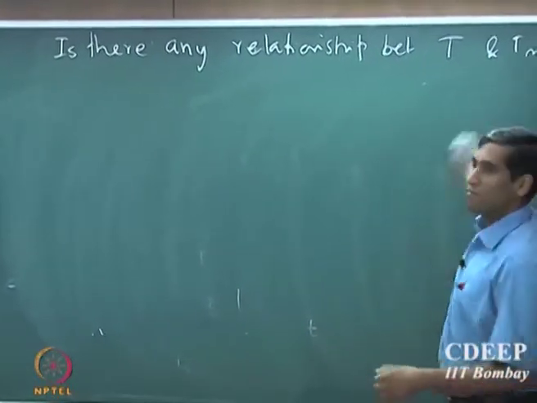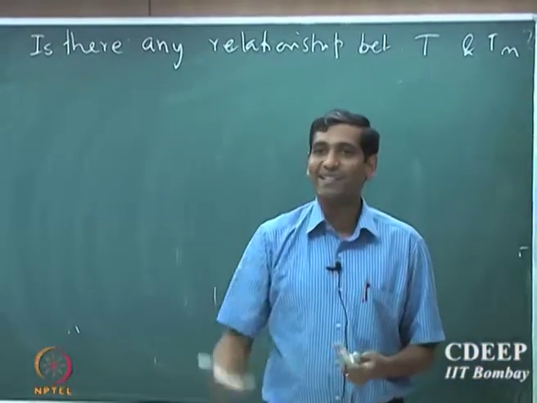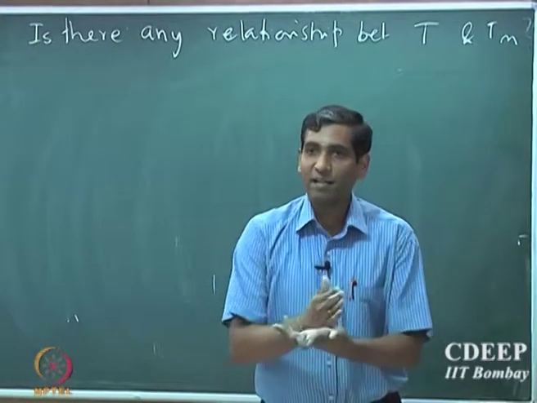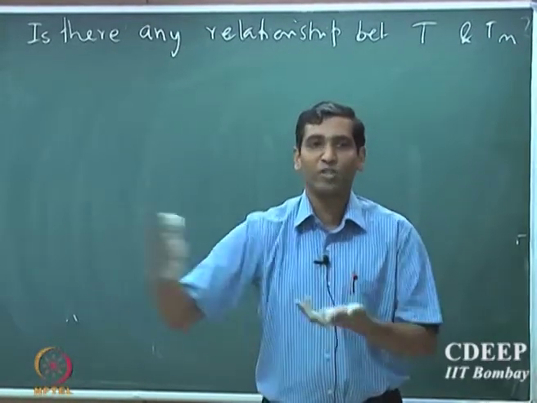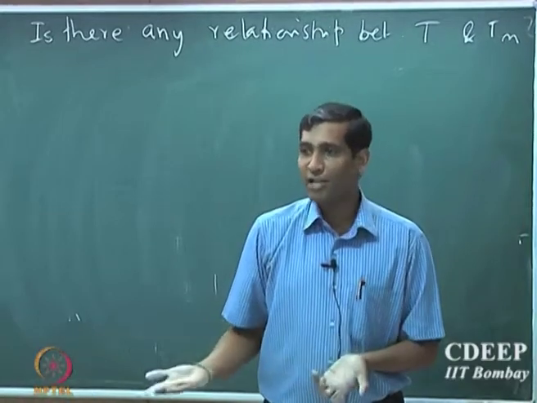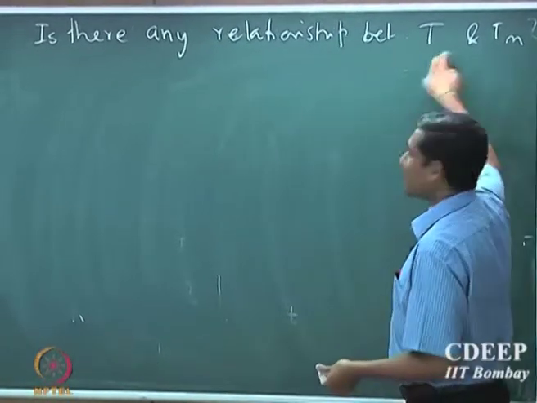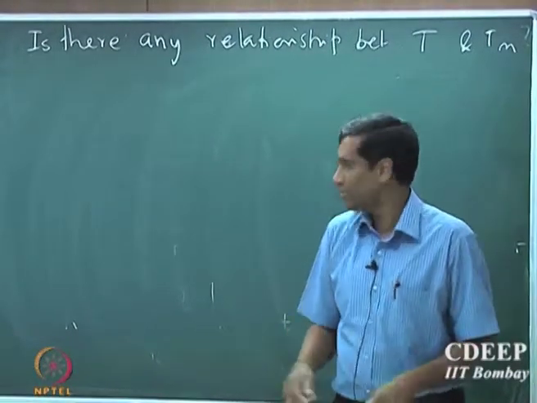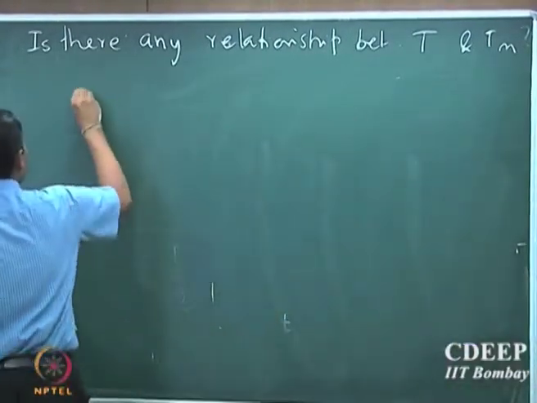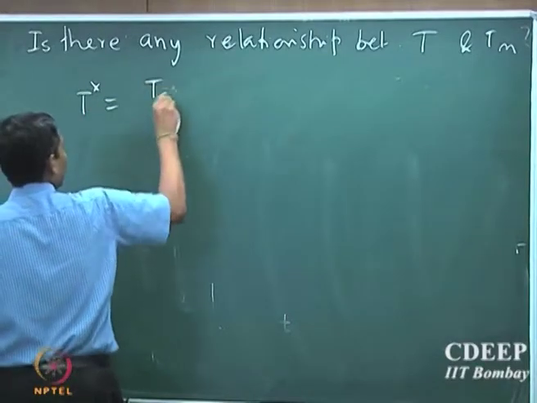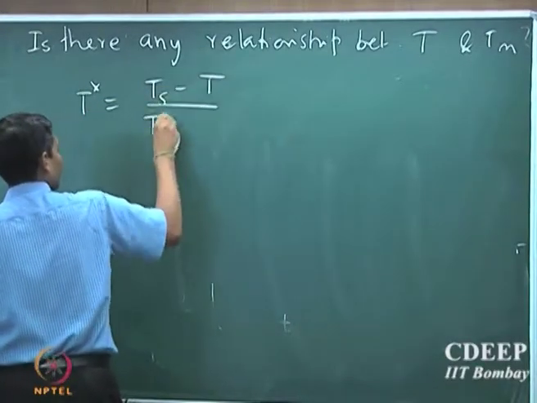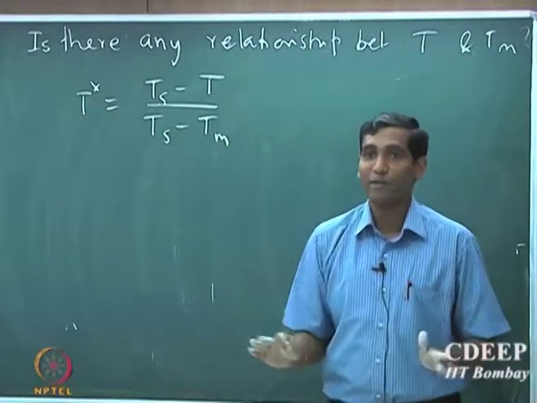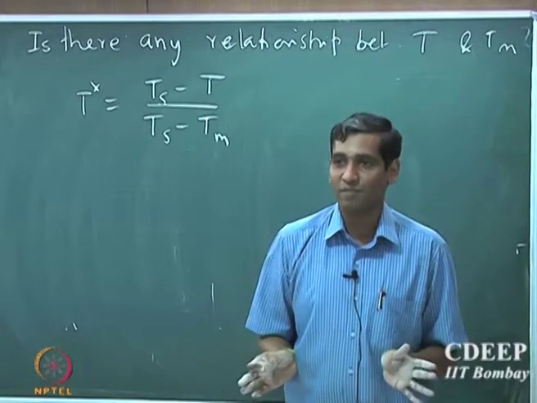Because we say that Tm provides a way to scale the temperature, which leads to an important insight that the non-dimensional temperature profile does not change with the axial position in the fully developed regime. Which means that there must be a relationship between the two. So can we find out what that relationship is? T star is Ts minus T by Ts minus Tm. Remember that we are not solving the equation, we are not even attempting to solve the equation as of now.